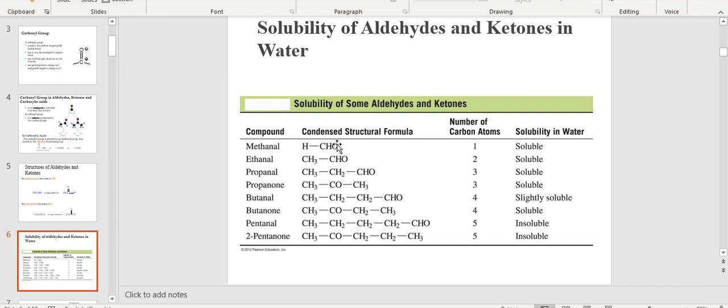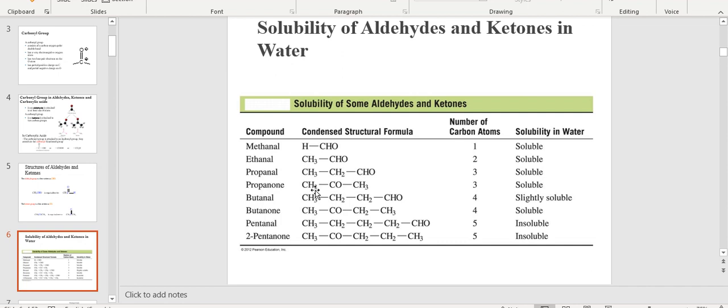You have a very polar end and a small number of carbons which are non-polar, but as long as the number of carbons is relatively low, this is going into water, because it's polar, because of this carbonyl group on the end. Then as we start to increase our number of carbons, we have propanal, which is an aldehyde with 3 carbons, prop. Here we have propanone.